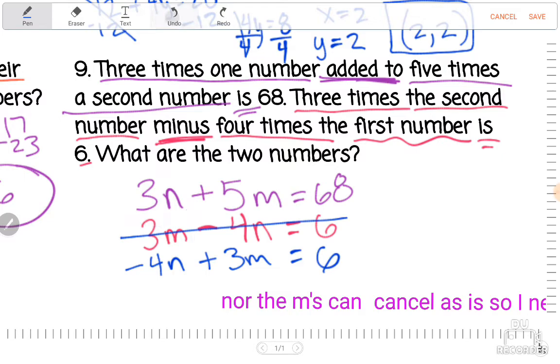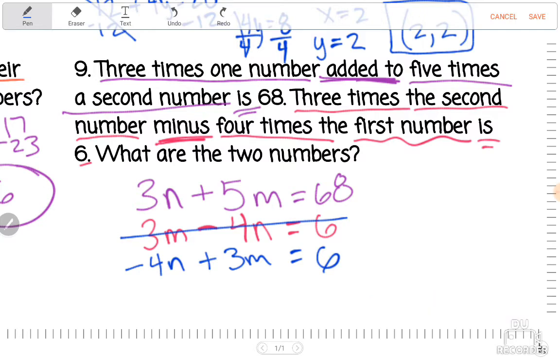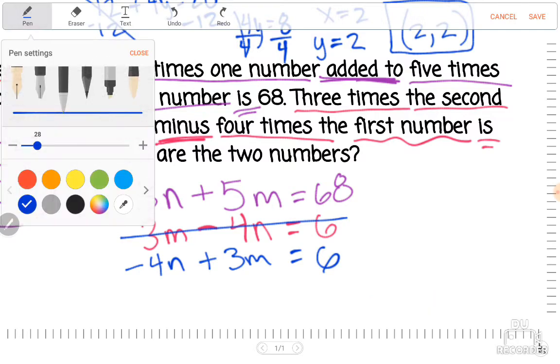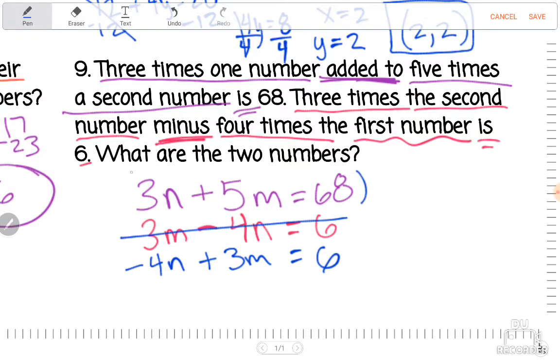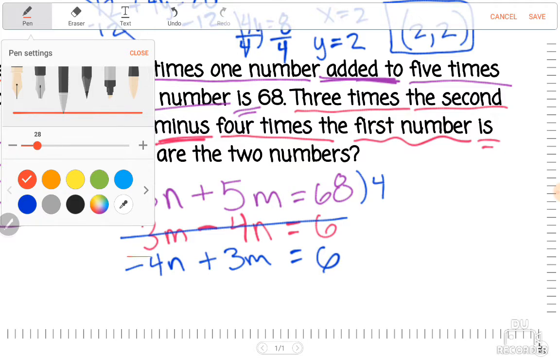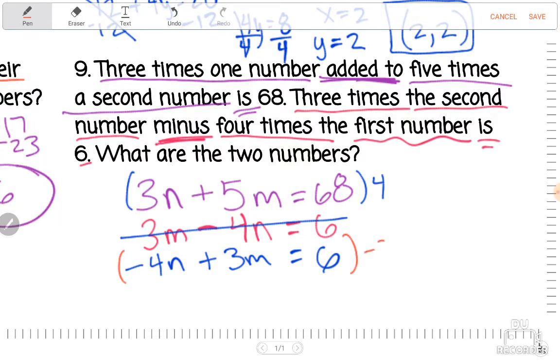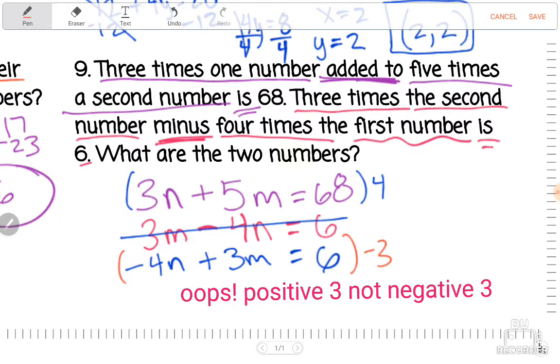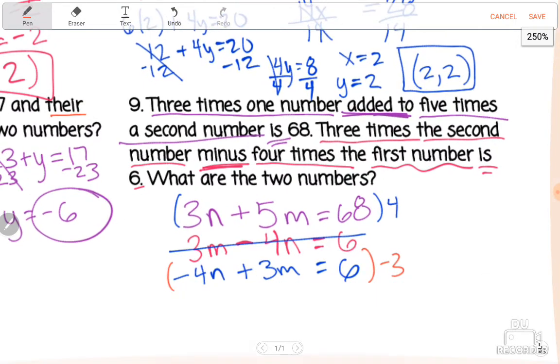Same thing with the m's. They don't match. So what I want to do is, I think the n's are going to be easier to cancel out. I think I can do that by multiplying this first equation by 4 and the second equation by negative 3. Okay, so when I do that, I'm going to get these as my new equations.